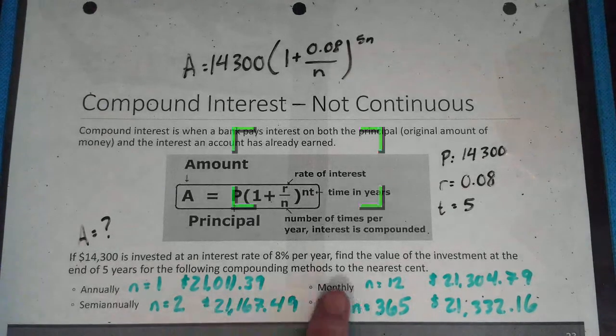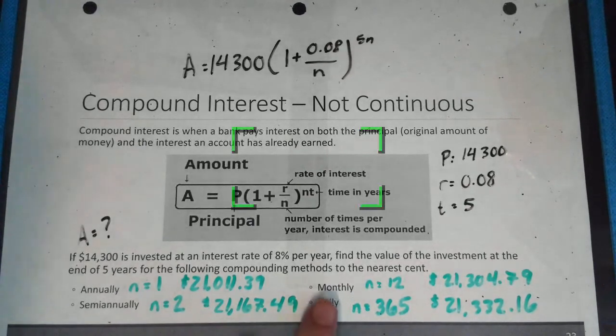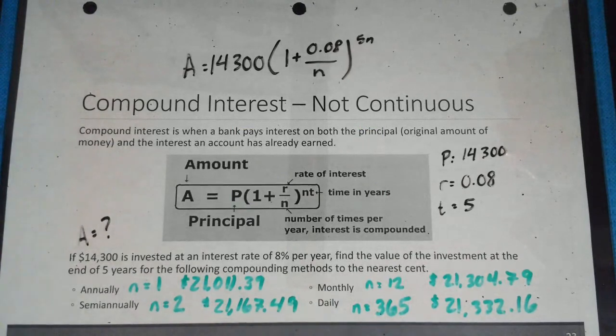Between semi-annually and monthly, we jumped by like $130 some dollars. Between monthly and daily, we only jumped by $28. Well, what if we compounded twice daily, or 4 times daily, or 68 times daily? That number would keep increasing until we were just compounding all the time.